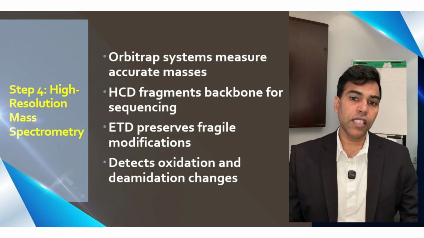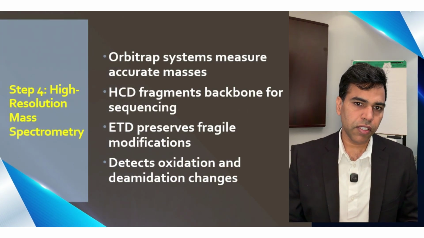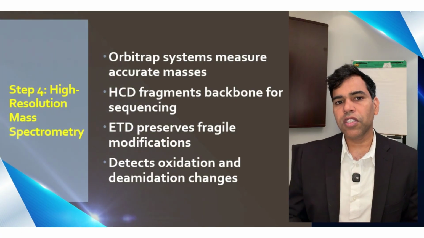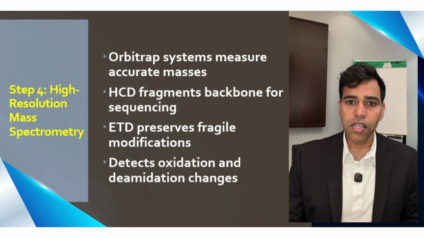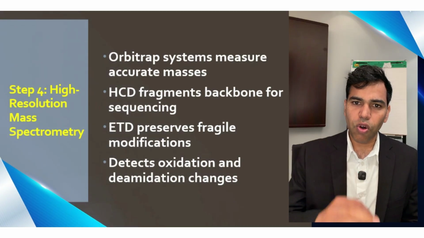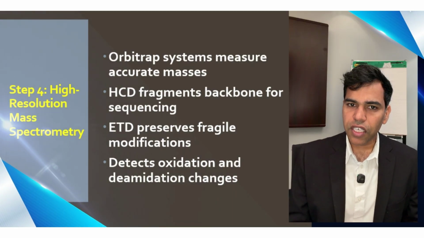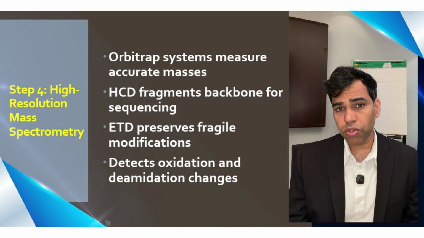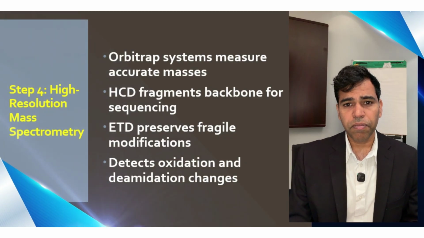Step number 4 is high resolution mass spectrometry. The Orbitrap platform delivers the mass accuracy required, sub 3 ppm on intact fragments, to confidently assign modifications. HCD fragmentation is the workhorse for backbone sequencing.